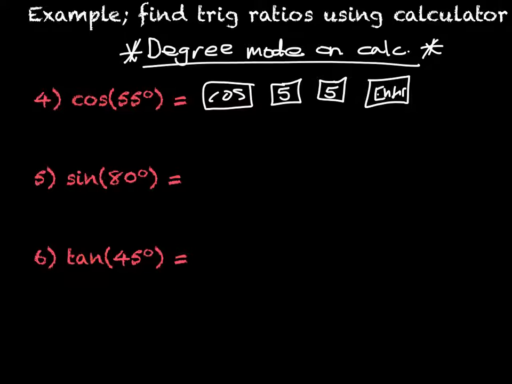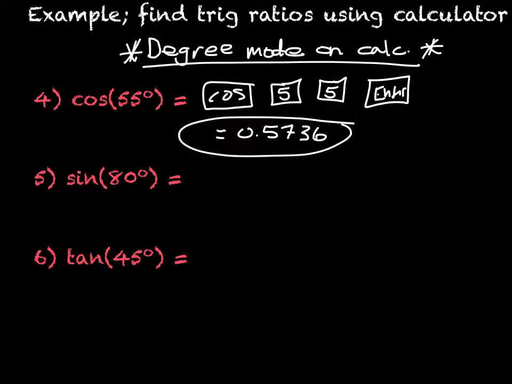If we were to do that with cosine of 55 degrees, you would get 0.5736. You just round it to about 4 decimal places. So it's going to be a decimal number. If it's not a decimal number, you might have made a mistake somewhere.